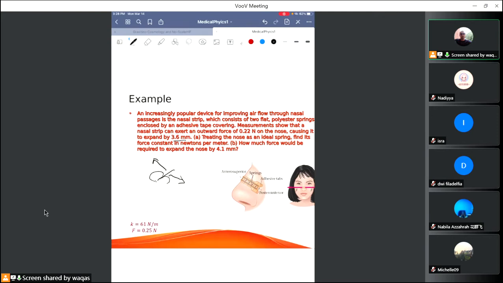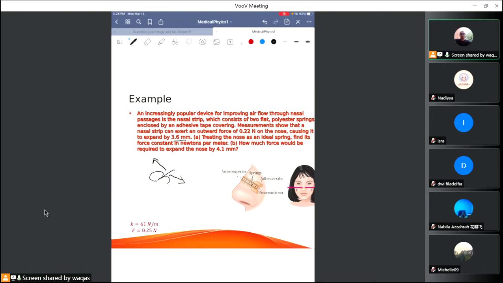This is your normal nose. When you put this on, the spring exerts a force in this direction, and on this side they exert a force in this direction, and they can expand your nose 3.6 millimeter. Treating the nose as an ideal spring, you can consider this as the ideal spring. Find the force constant in Newton per meter.